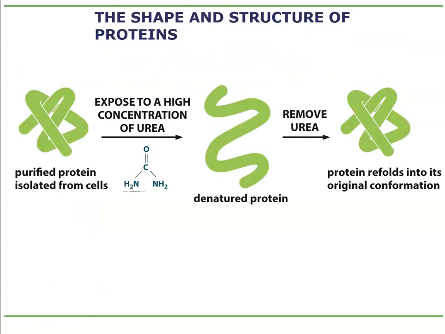Okay, so back to protein structure and this idea that proteins can self-organize. One of the reasons we know this can work is that if you purify a protein, isolating it from the cells by lysing the cells and pulling out the protein, using some type of chromatography or pull-down technique, and then expose it to high concentrations of urea, shown here, which is basically an amide functional group with another amine on the side.